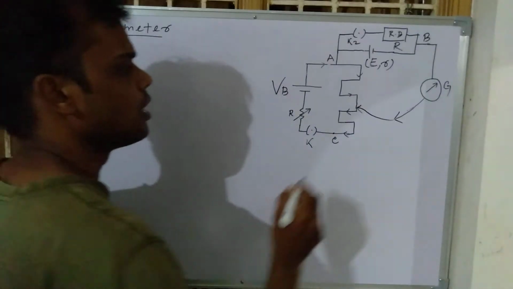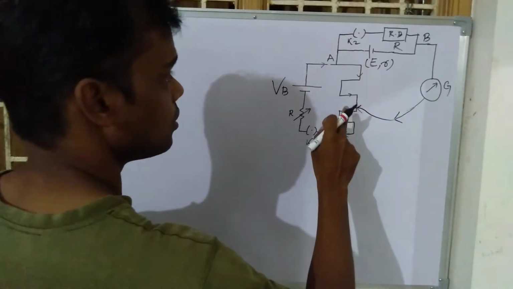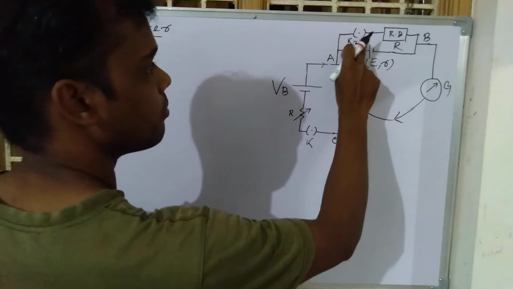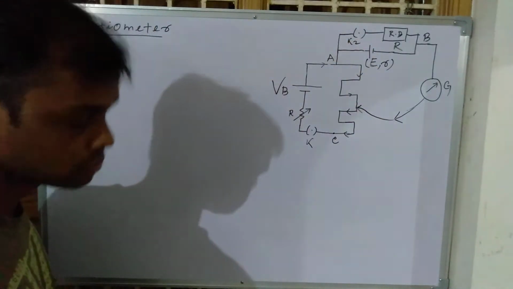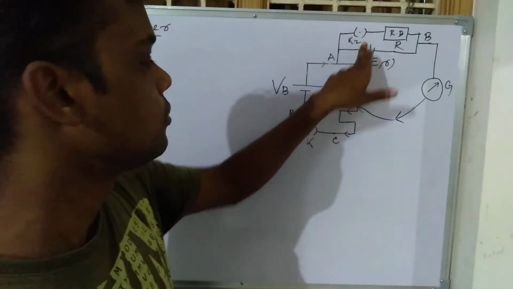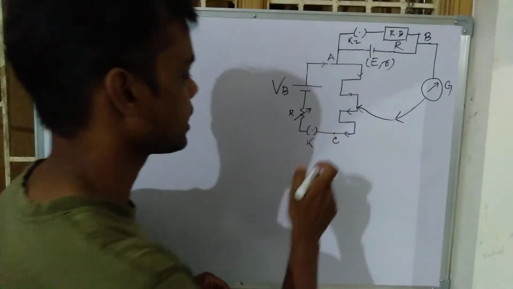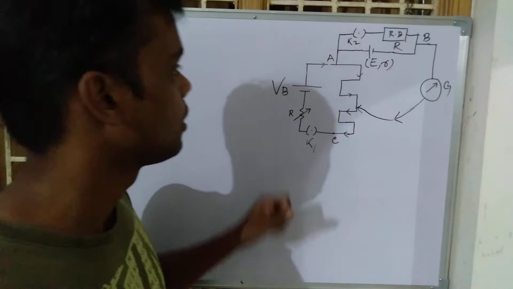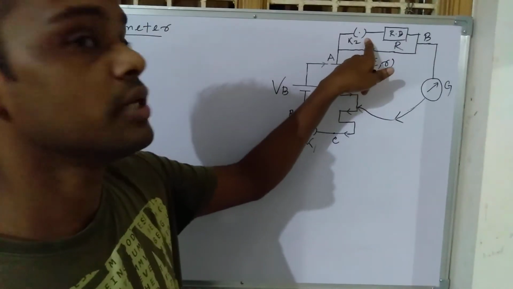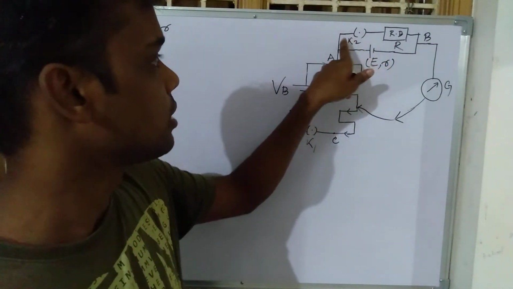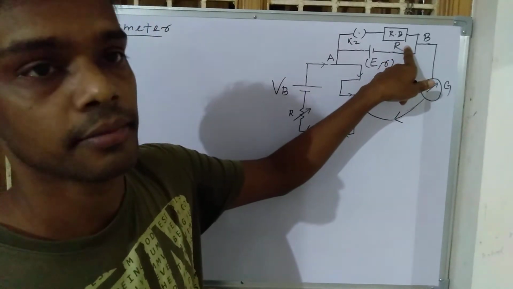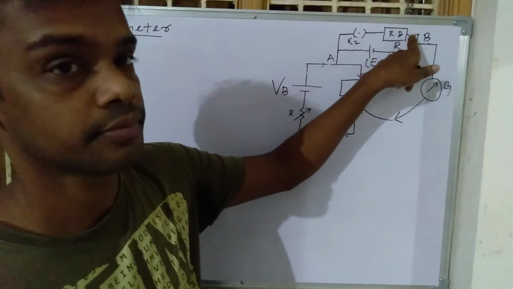Now first make this switch open. Already current is flowing in this path, that means switch K1 is closed. Now suppose K2 is open. If K2 is open, there is no current through this resistor R. That means this is disconnected.